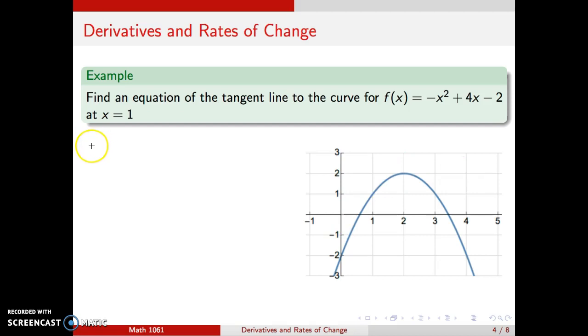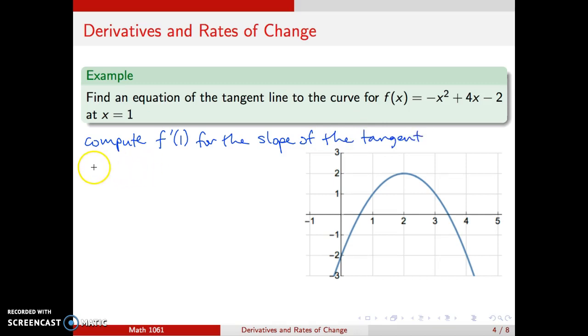We need to compute f prime of 1 for the slope of the tangent. All right, so f prime of 1 is the limit.